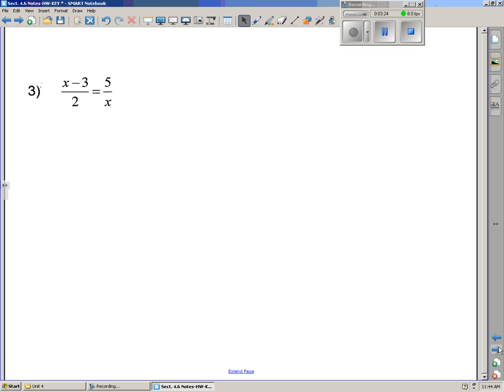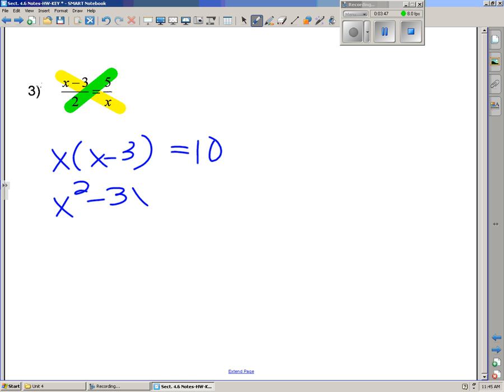So for the next problem, again, when I start cross multiplying, what's in yellow, and this time I'm actually not going to distribute from the beginning, is x times x minus 3. What's in green becomes 10. Distributive property to get rid of the parentheses, x squared minus 3x equal to 10.